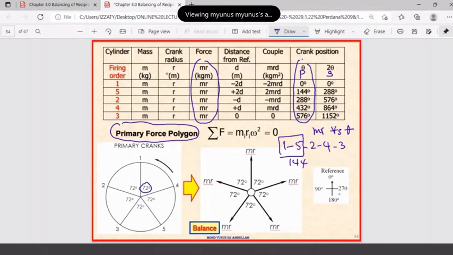But this one will be away 144 degrees. So this is your reference. This reference and this one are not the same, yeah. This one is the reference for the plane. This one is the reference for position. So 1, this one will be 5.